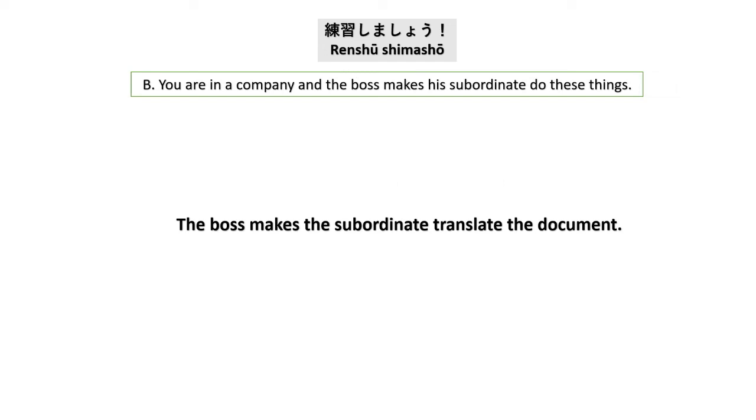Okay, now you are in a company and the boss makes his subordinate do these things.